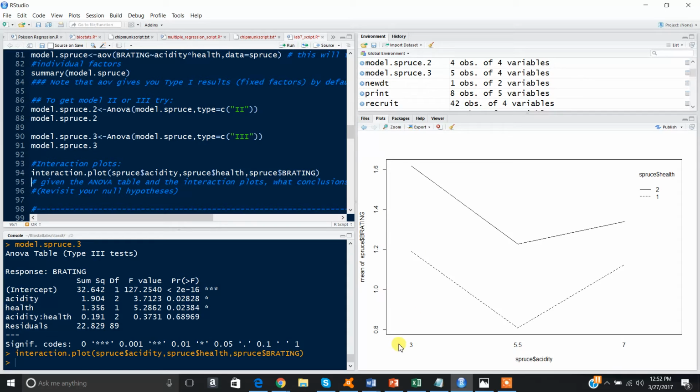You can see the mean at 3 for acidity is different from the mean of 5.5 and the mean of 7. The actual movement of these lines also changes, verifying that there's an effect that is felt individually for both of them. And that is crossed ANOVA.